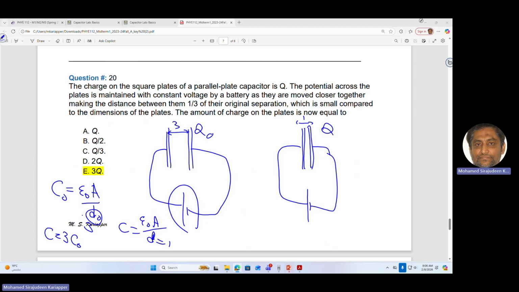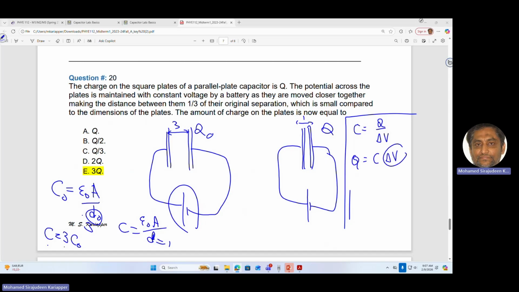But the question is not C; the question is what is Q. So we have one more step. I see the capacitance becomes 3 times the old capacitance. Then we go to the equation for capacitance: the definition is Q divided by delta V, so Q is equal to C multiplied by delta V. Are we changing the potential?